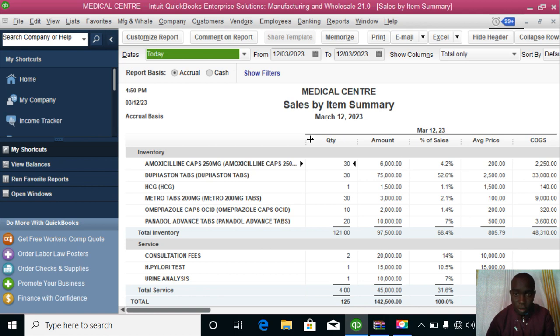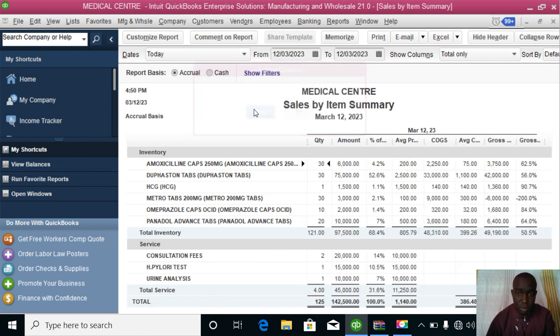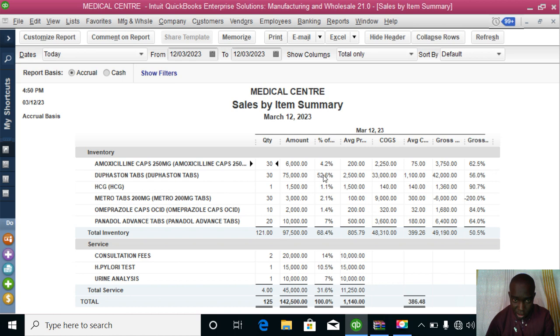So today, this is my sales report. Now it gives me the items that were sold on that particular day. Amoxicillin 30, Dufaston 30, HCG 1, metronidazole 30, omeprazole 10, and Panadol Advance 20.